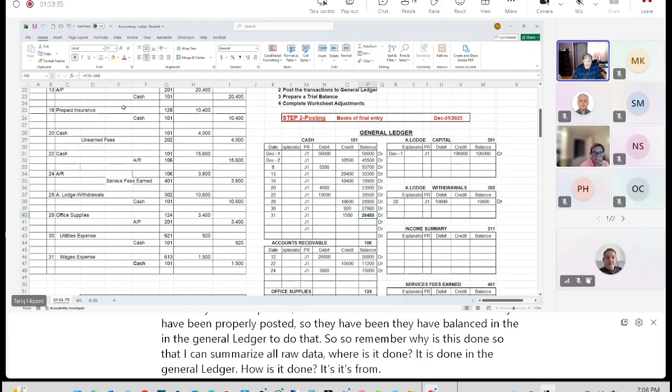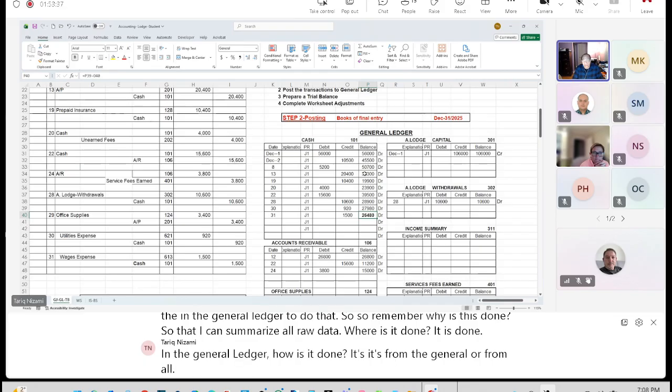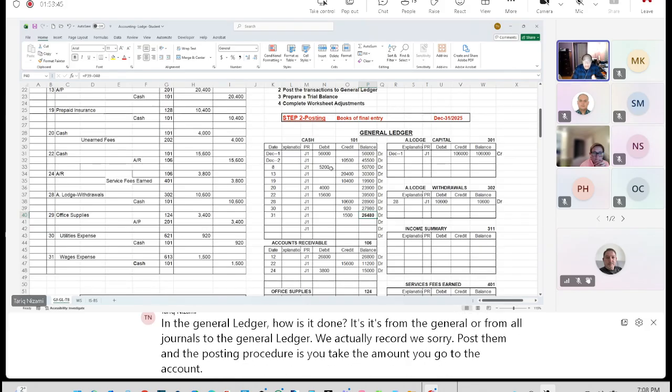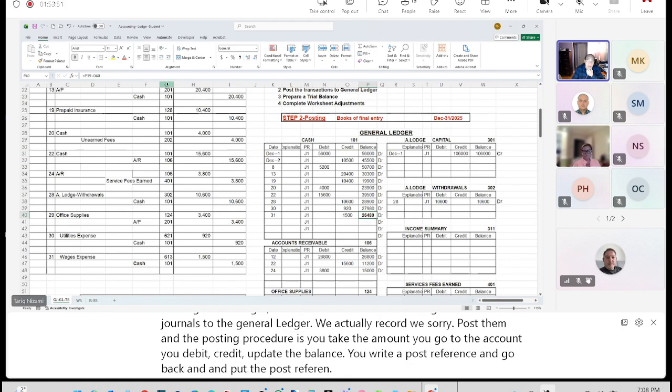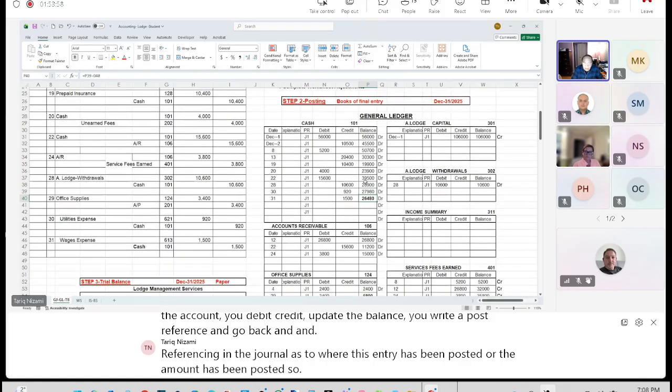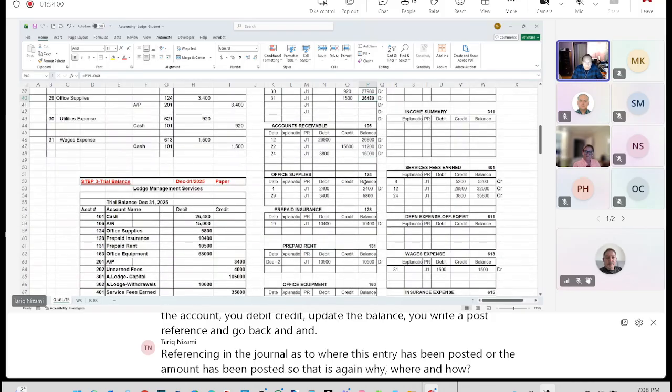It's from the general journal, or from all journals, to the general ledger. We actually post them. And the posting procedure is you take the amount, you go to the account, you debit or credit, update the balance, you write a post reference and go back and put the post reference in the journals as to where the amount has been posted. So that is again why, where, and how.